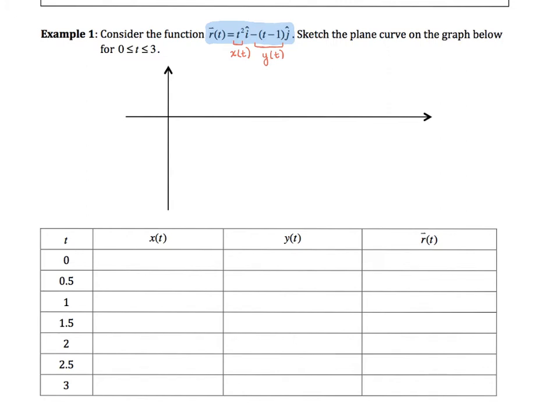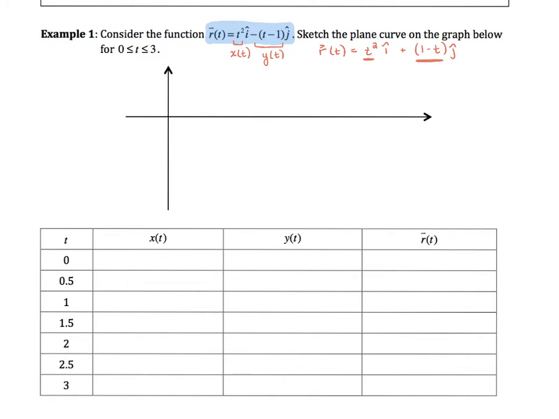So we'll just rewrite it as r of t equal to, there's our x, i hat, and then plus, and we'll just say 1 minus t j hat. Okay. All right, so really this is going to be our x here, and this is going to be our y. It's just going to make the computations easier.